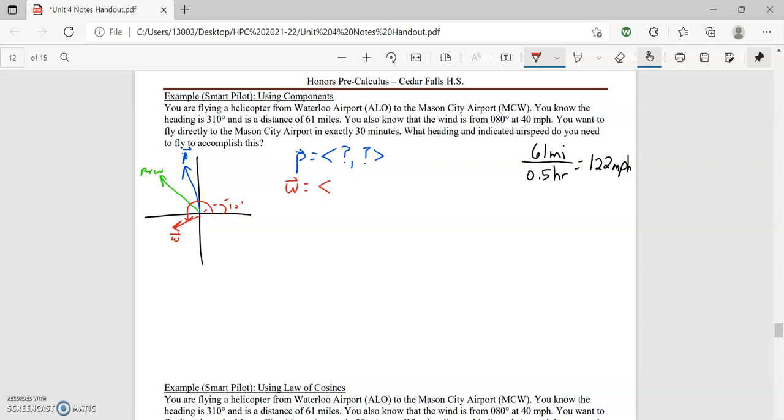That angle is 10 degrees more than 180. So again, when you write vectors using x cosine, y sine, we say the magnitude, which was 40, times cosine of the angle. And the angle, again, has to start at the positive x-axis. So in this case, that's 190. The y is 40 times sine.